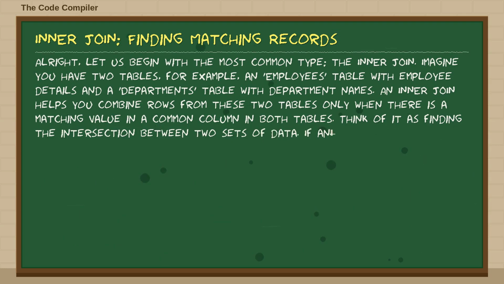Think of it as finding the intersection between two sets of data. If an employee does not have a matching department ID, or if a department does not have any employees, those rows will simply not appear in the result. It is all about finding the exact matches.